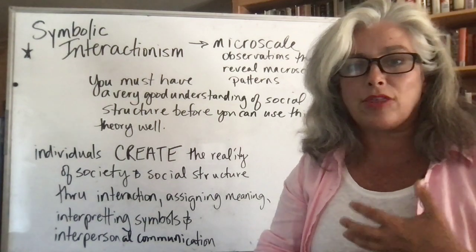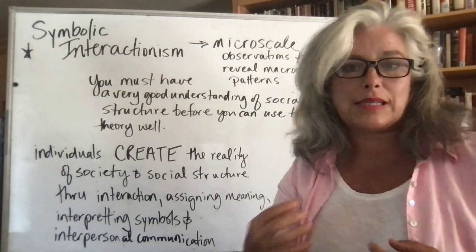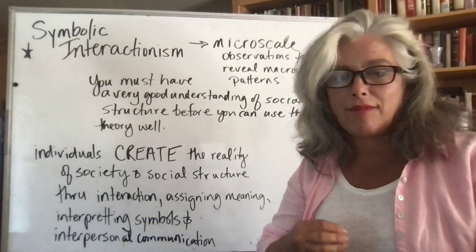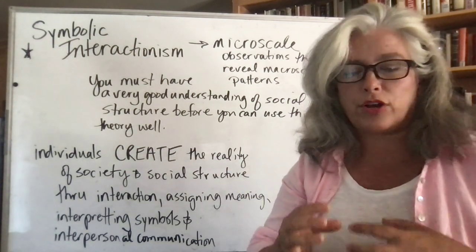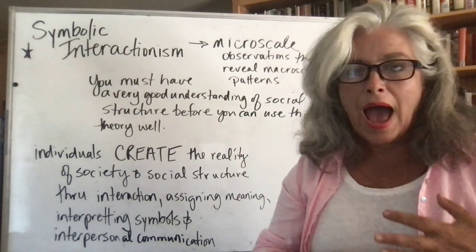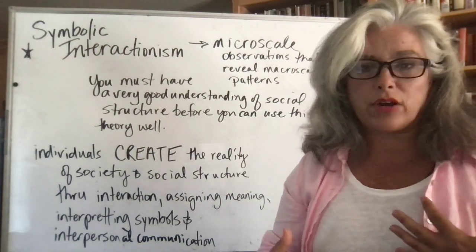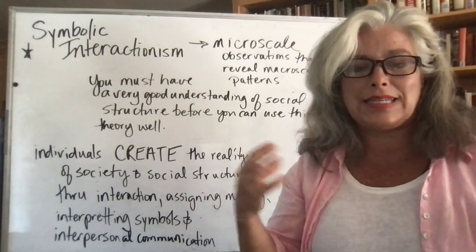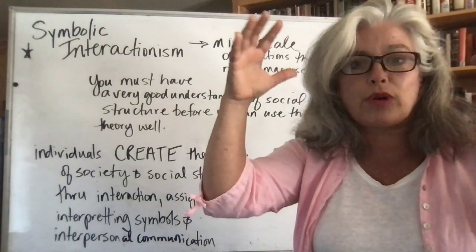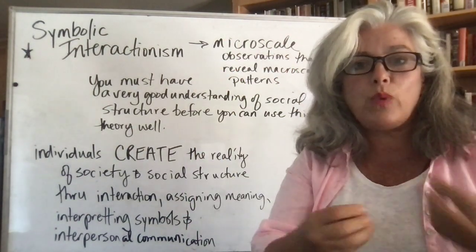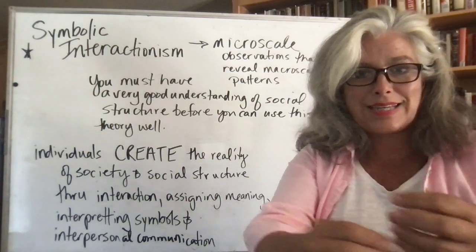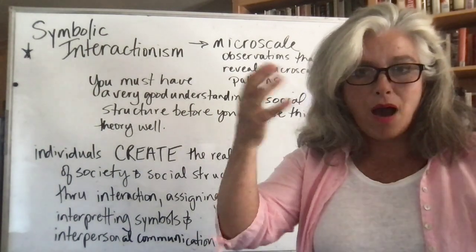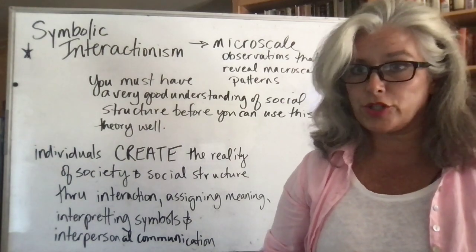Let's look at the way that people interpret symbols and add meaning to life. What are the guidelines they use to navigate their interpersonal communication? How do they interact with each other? And how is reality created, social reality on the macro scale? How do we as individuals create it? One interaction at a time, from the bottom up, we create society and social structure.